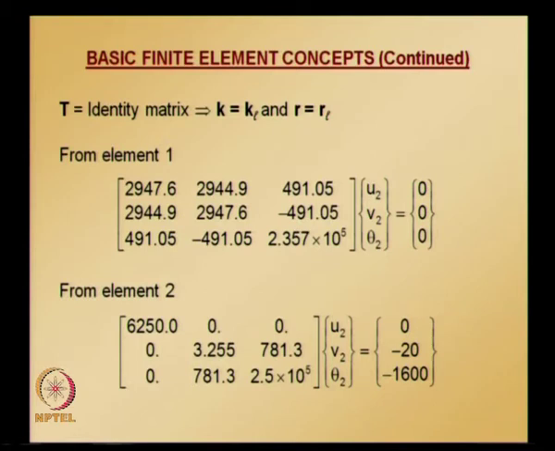Adding these two equations, the global equations are obtained. That is, the global equations are simply the sum of these two element equations. Adding the corresponding component values, we get the reduced global equations, which we can solve for u2, v2, and theta 2.